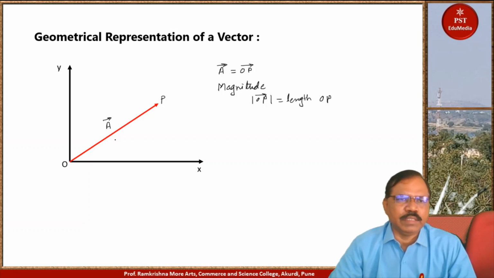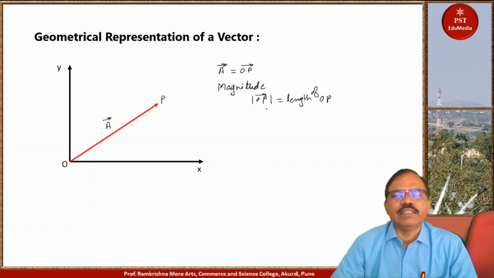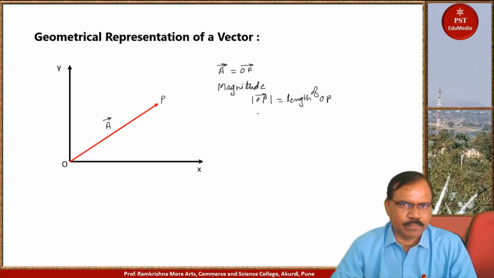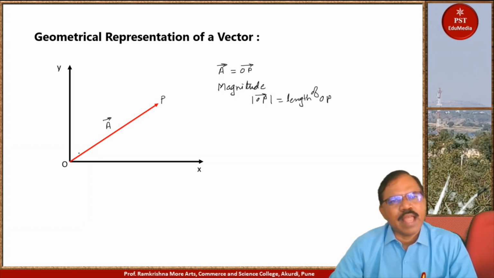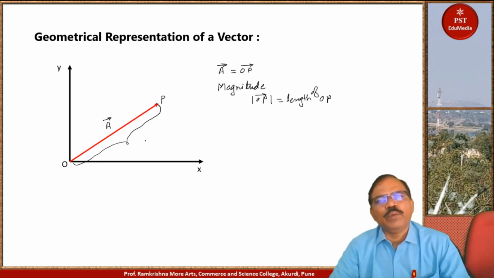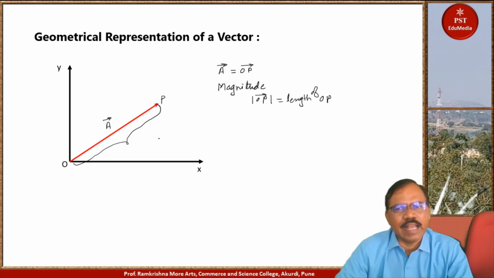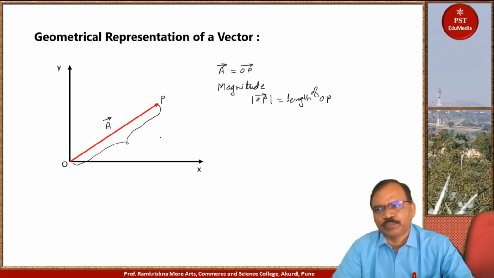So here the direction is along OP and whatever its length is, that is its magnitude. In this way we represent a vector. So a vector has direction as well as magnitude.